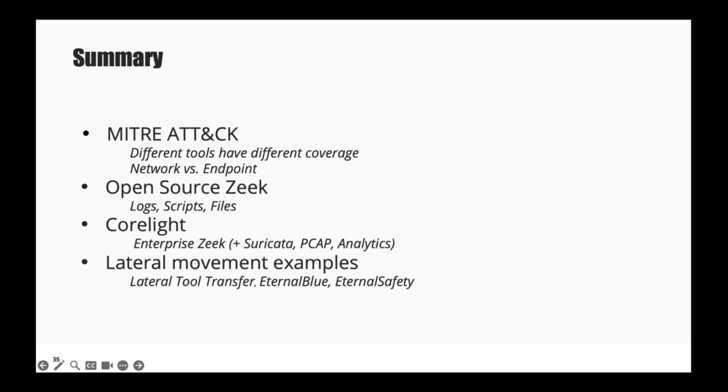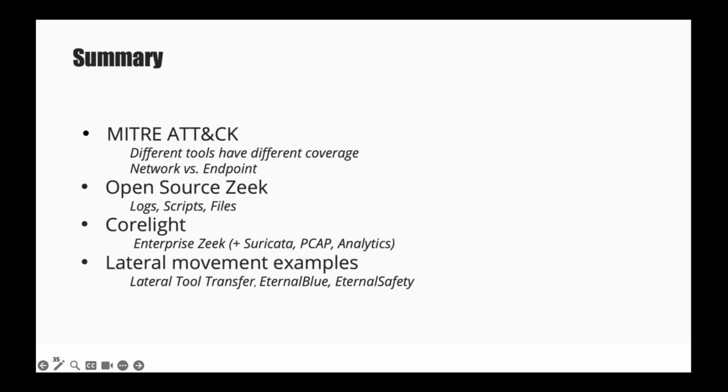These are things you don't know are in there, the shadow IT, the IoT, etc. And then using open source Zeek as a way to gather logs, to run scripts, and to extract files from all the different kinds of network traffic that we're seeing in the modern environment, we at Corelight have leveraged open source Zeek and stitched it together with different tools, using the same design patterns that elite defenders have been using for the past 20+ years, to put it in front of an analyst in a way that makes sense and is easy to work with.